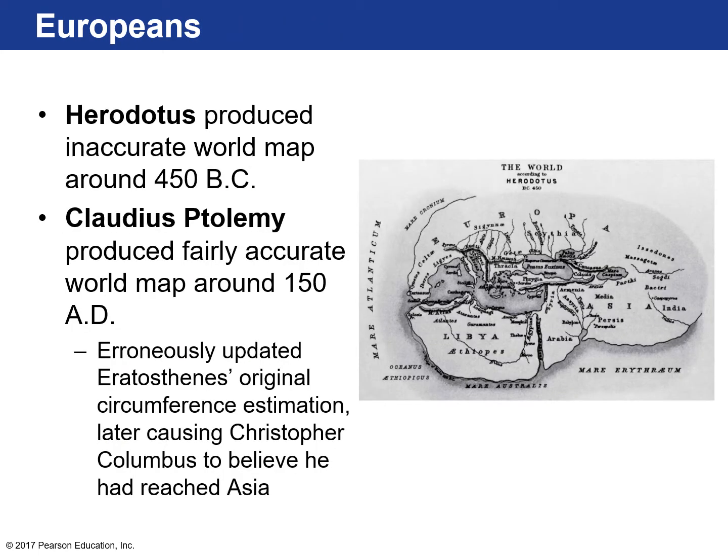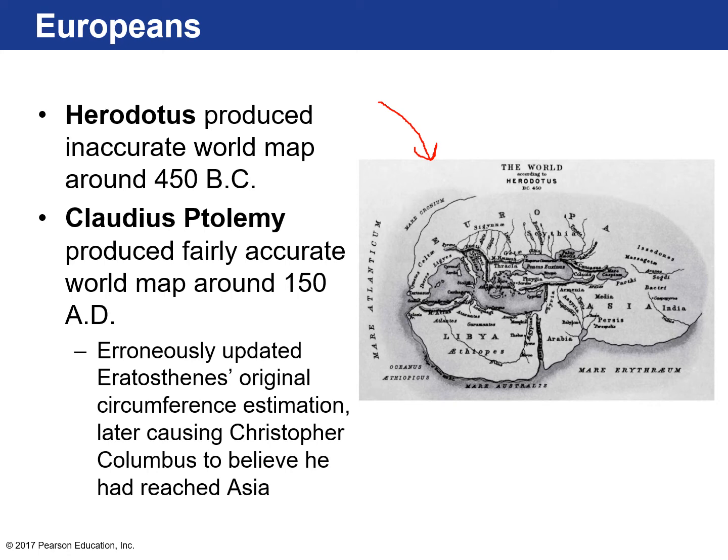Later on, there were other Greek scientists who erroneously updated Eratosthenes' circumference measurements. But what they did do was provide the most accurate so-called world map, right? Because this was their world at the time. They couldn't really explore much farther than this. But they were able to draw longitude and latitude lines, which was pretty impressive for that time.